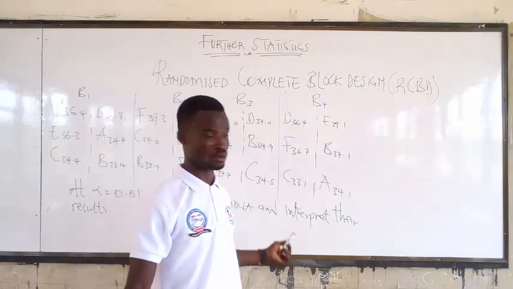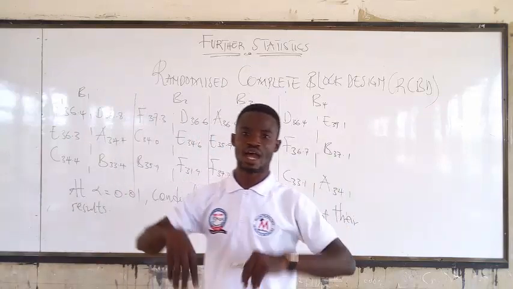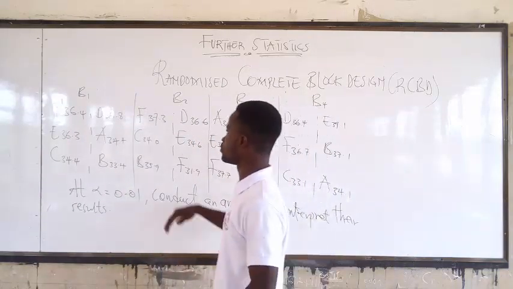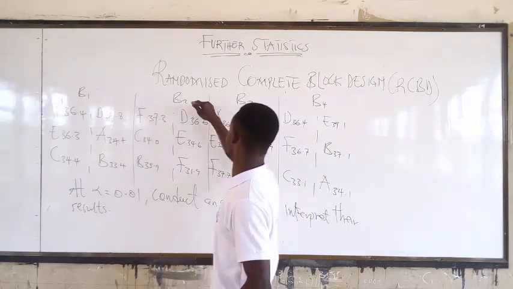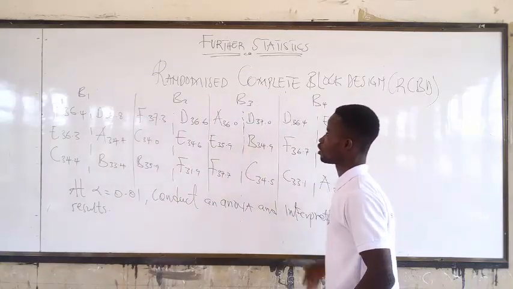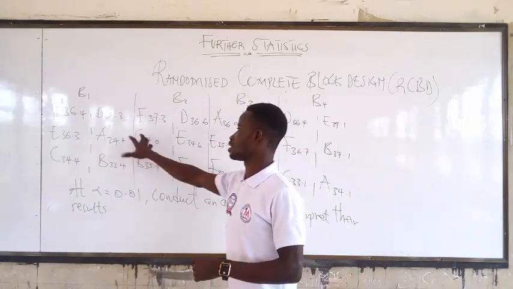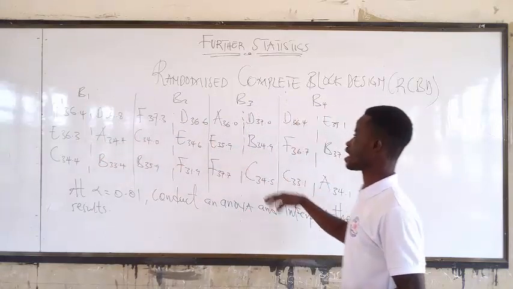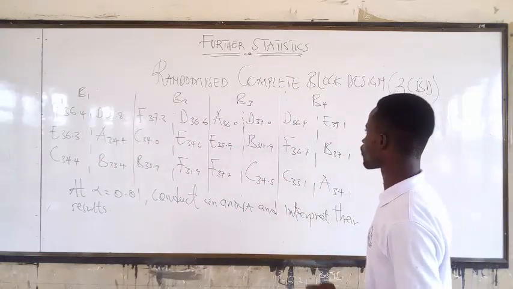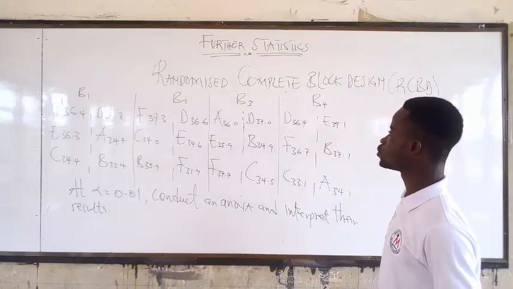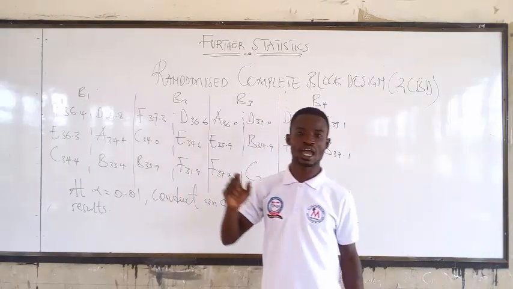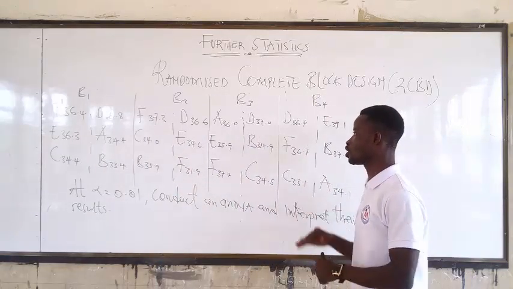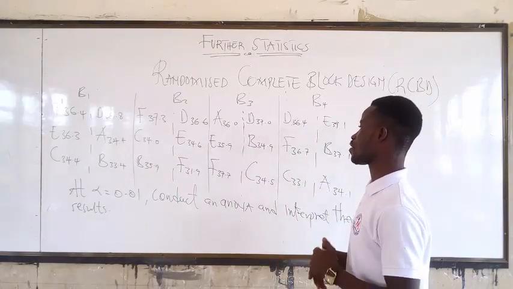So in this table, we have to write the table. We have our B1, B2, B3, B4, and each is being compared with some variables, from A to F. So we have seen how it's being compared.